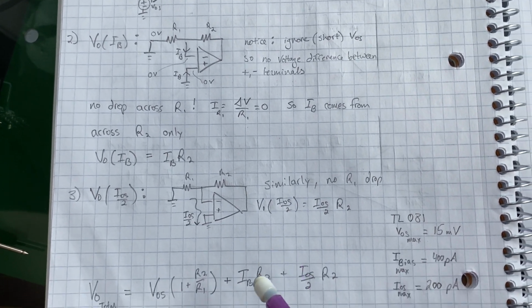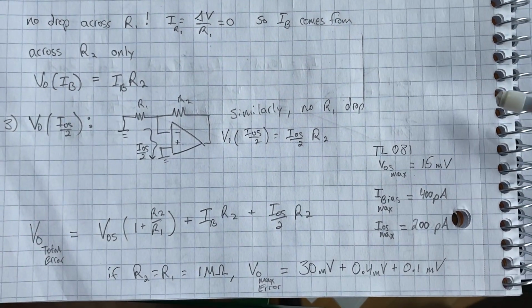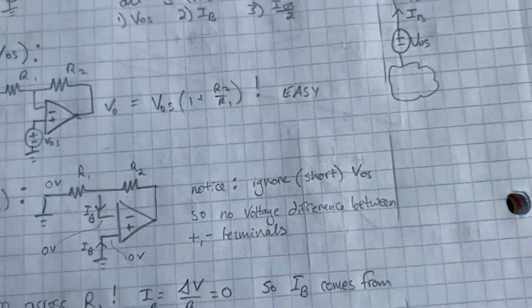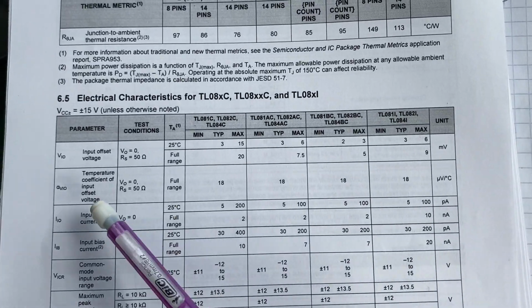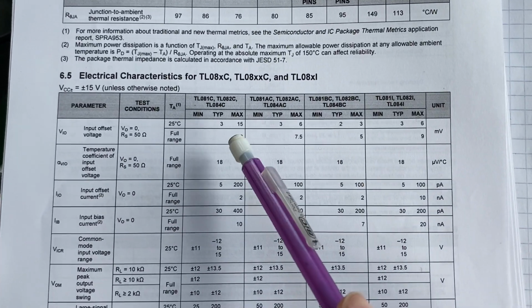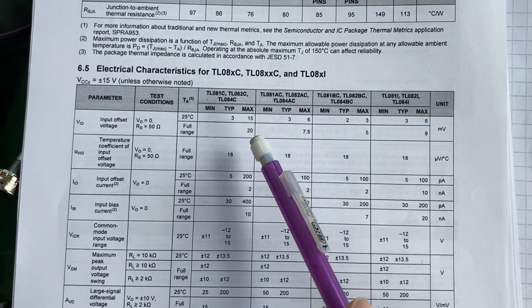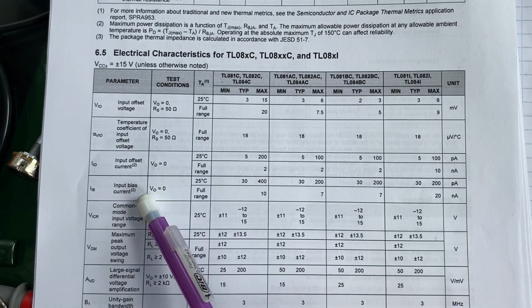And to give you an example of some real life values for these, in the data sheet for TL081, it gives you input offset voltage, typical, here's 20 millivolts max for this model. Input offset current, input bias current.